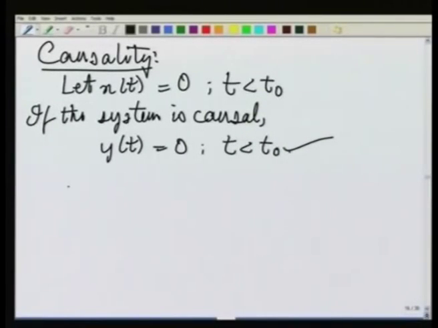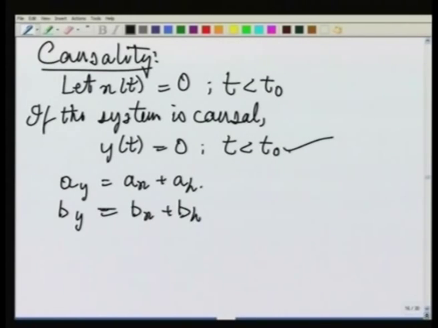So, from this, what can we say about the support of h(t)? Earlier we had a result that if a_x and b_x are the limits of support of x(t), a_h and b_h the limits of support of h(t), a_y and b_y the limits of support of y(t), then a_y equals a_x plus a_h, and b_y equals b_x plus b_h.